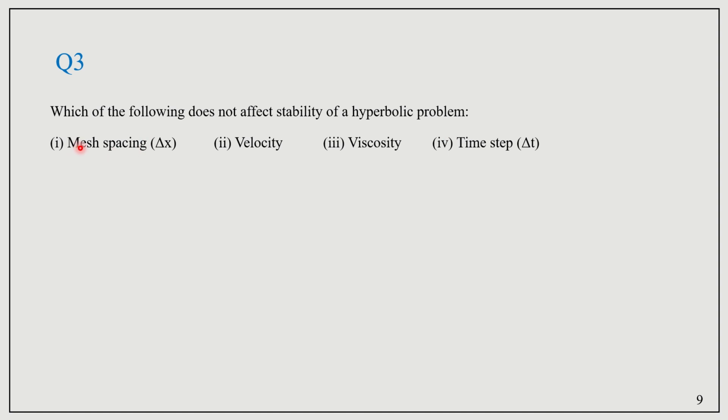In question 3, it is asked: which of the following does not affect the stability of a hyperbolic problem? I repeat, which of the following does not affect the stability of a hyperbolic problem? The options given are: first, mesh spacing delta x; second, velocity; third, viscosity; and fourth, time step delta t.